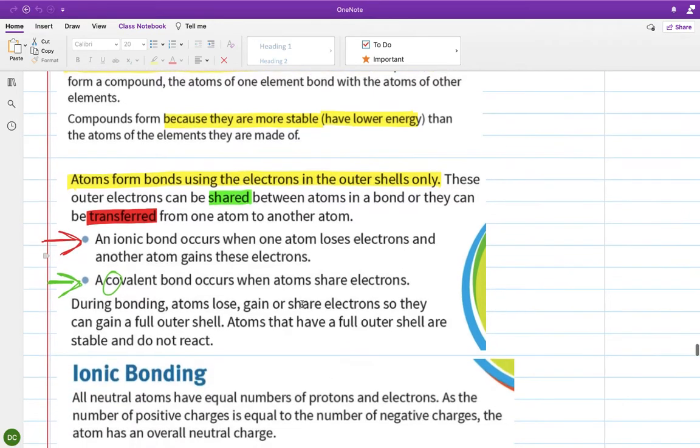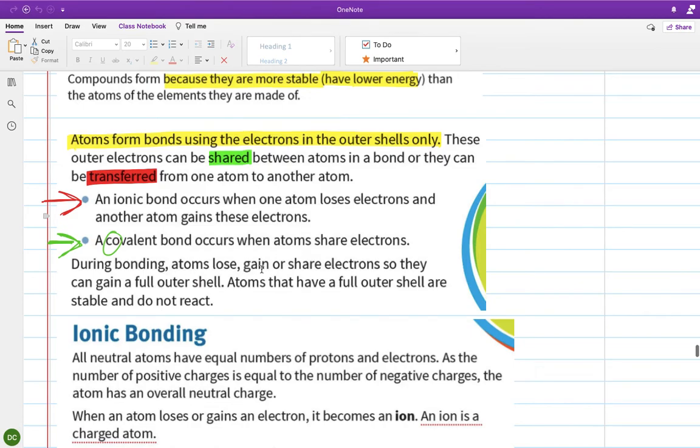The whole reason for bonding is that atoms lose, gain, or share electrons so they can gain a full outer shell, because then they're stable. Like the group 1 elements, sodium and potassium, react so readily because they only have 1 electron in their outer shell and they want rid of it.